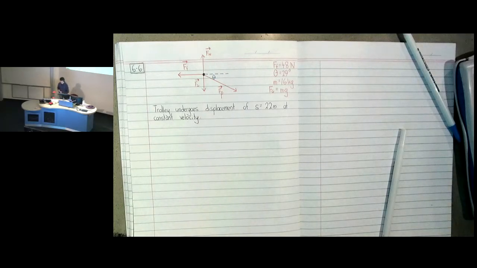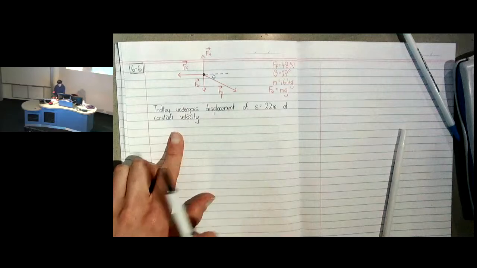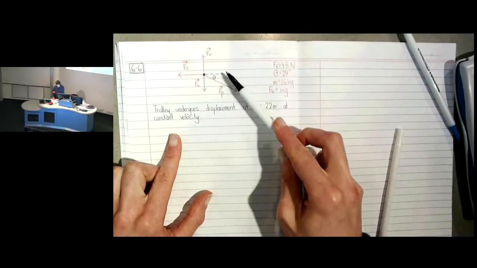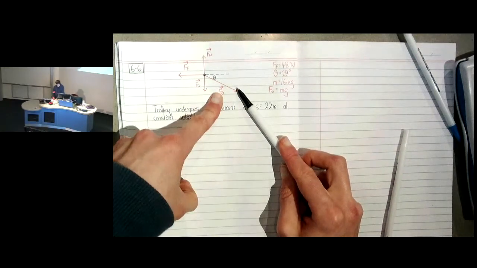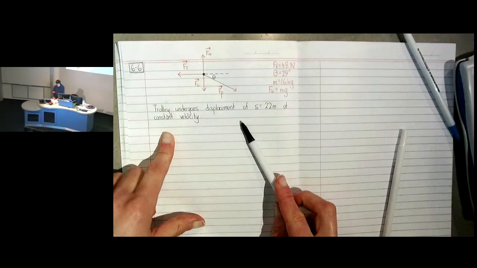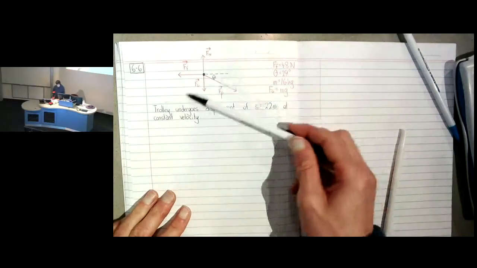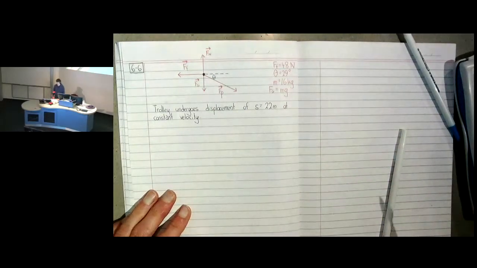So probably the best way of going about answering this question, to determine what force the person has to apply in order to shift this trolley at constant velocity, is to split these vectors up into x and y components.